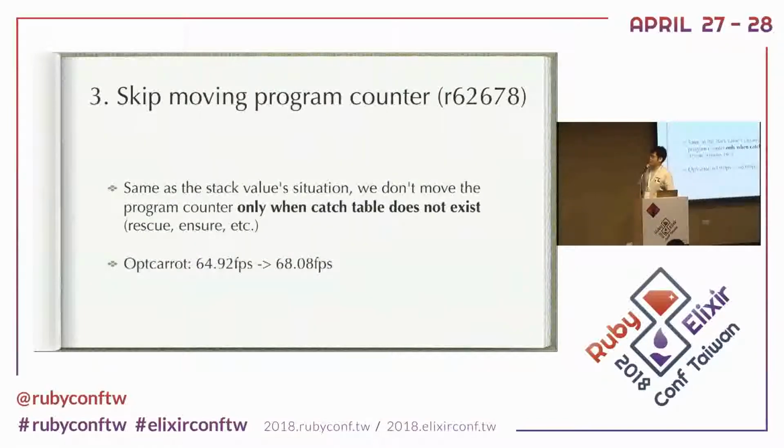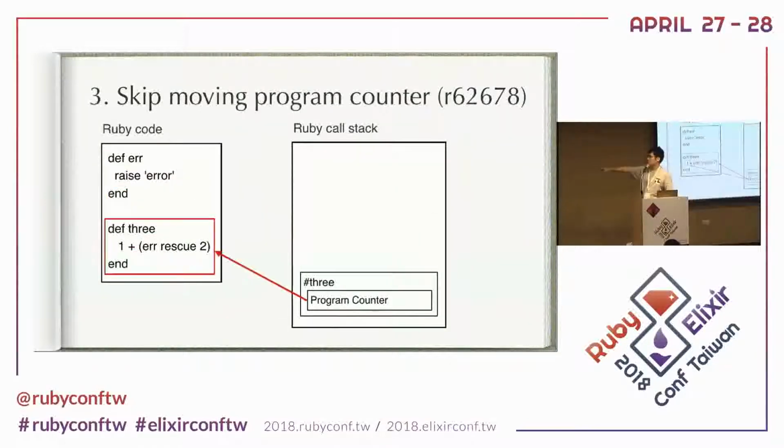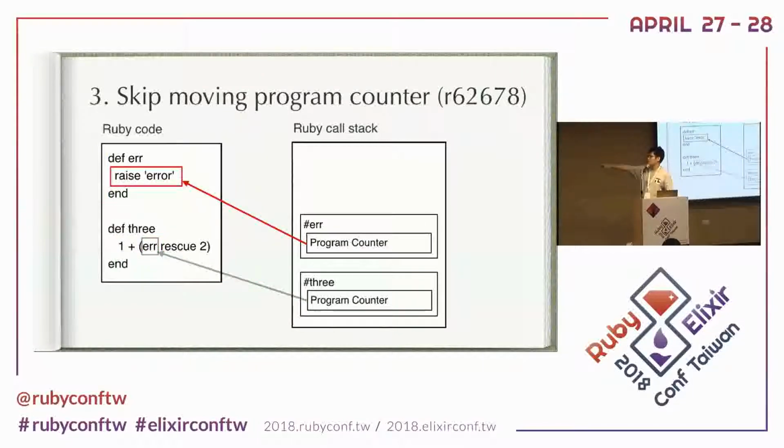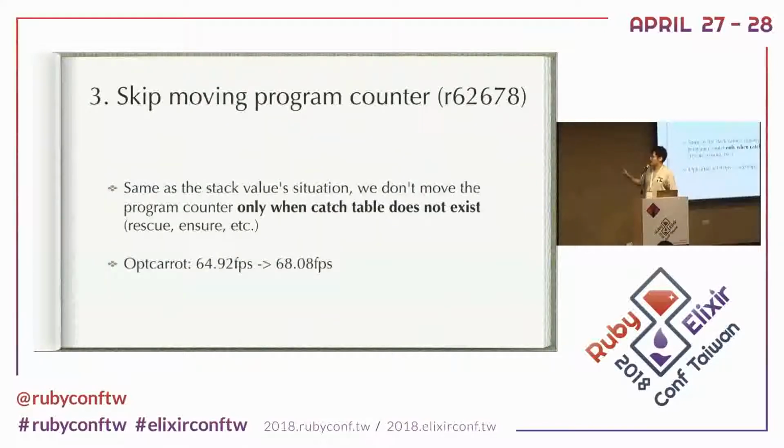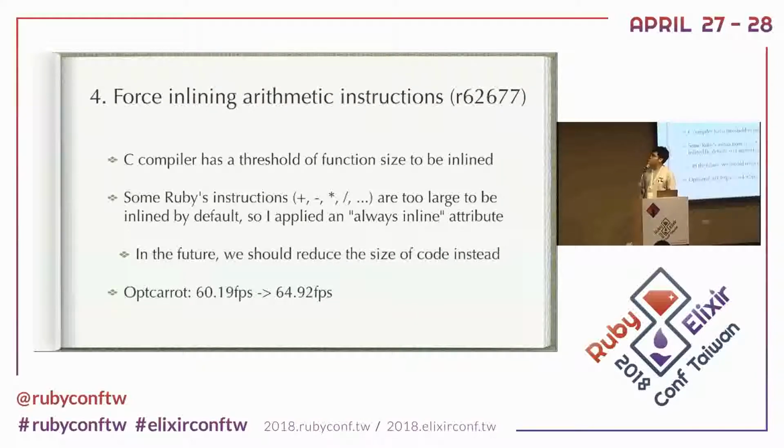So the motion of these arrows can be skipped if the method doesn't have the catch table. It means that it doesn't have rescue or ensure or things like that. So we improve the performance in the methods which don't have rescue or ensure.